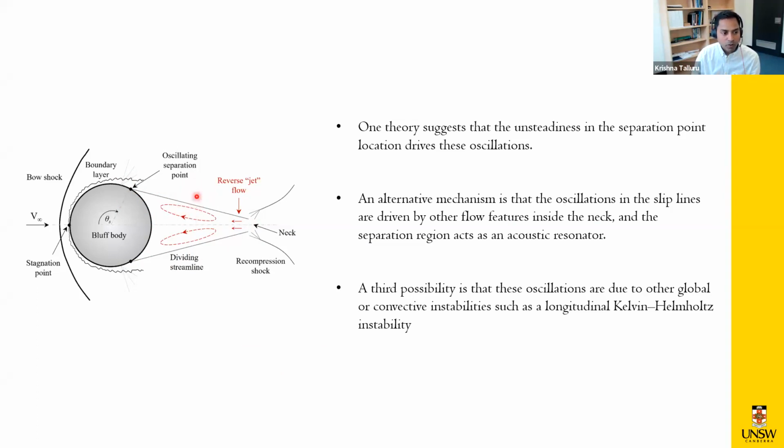So there is a strong velocity gradient across this shear layer, and we believe such velocity gradients introduce Kelvin-Helmholtz instabilities, which are then advected down into the neck region. So these are all possible theories, and we are currently still in the process of finding answers to these three theories and answering conclusively.